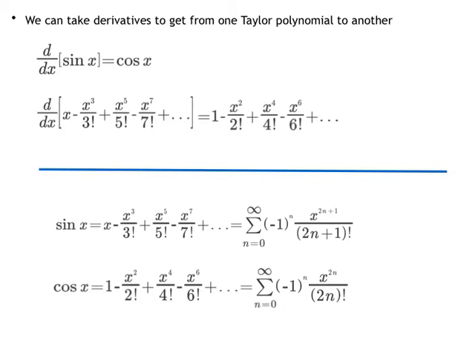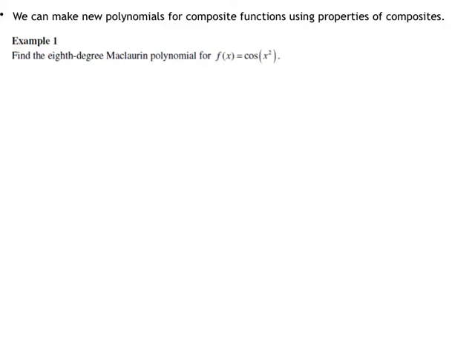It's also important to realize that we can take the derivative of polynomials just like we take the derivative of functions, or series. It doesn't have to be a polynomial. We can make new polynomials for composite functions using properties of composites. So knowing the Maclaurin polynomial, and these are Maclaurin polynomials because they're centered at 0, for cosine, I can make a Maclaurin polynomial for cosine of x squared.